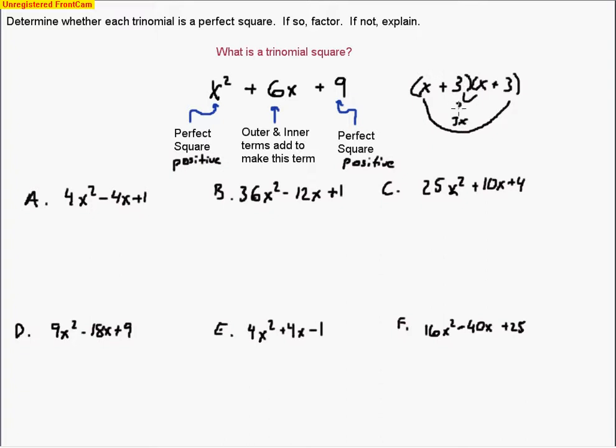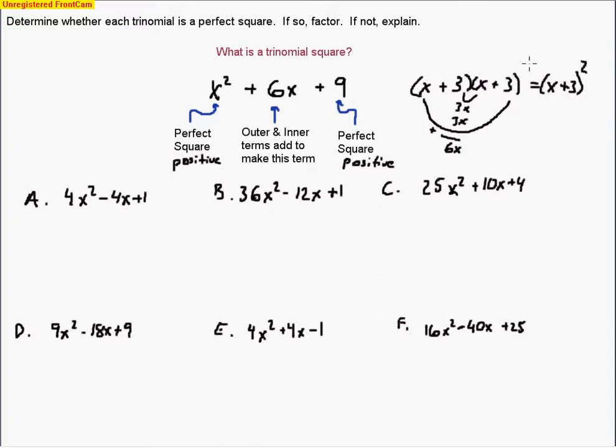And notice that when we have a trinomial square, when both binomials are the same, the inner and outer terms are always going to be the same. Since they're the same and they add to make a number, if we have one, we can double it and get that number. And so this does work out. This is a trinomial square. So the way we can write it is x plus 3 quantity squared.